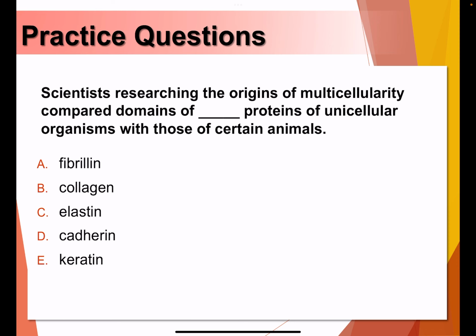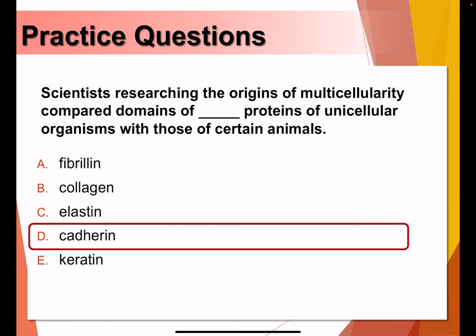Scientists researching the origins of multicellularity compared domains of blank proteins of unicellular organisms with those of certain animals. Cadherin, because we talked about that as one of the main key features that allows for multicellularity, is how cells attach to each other and communicate with each other.